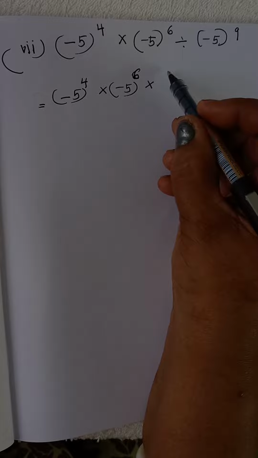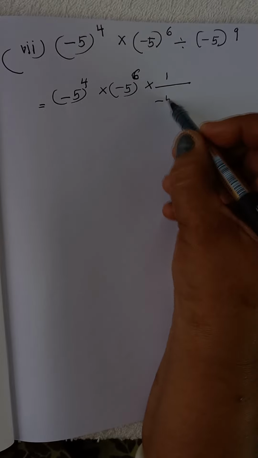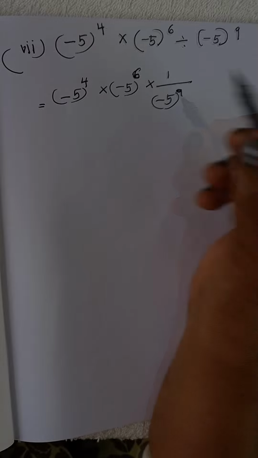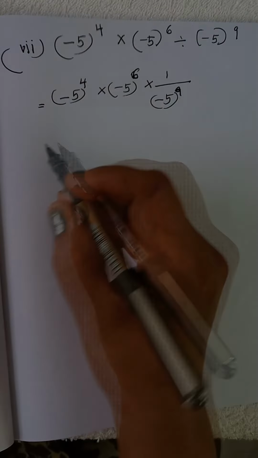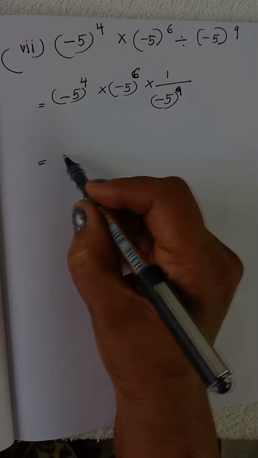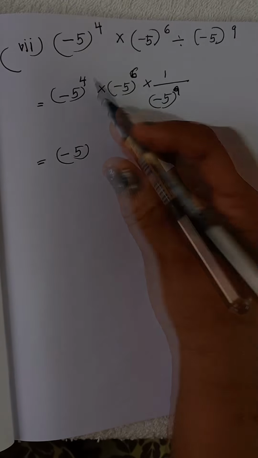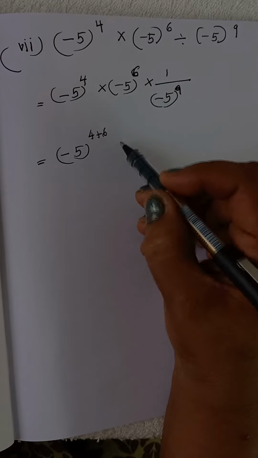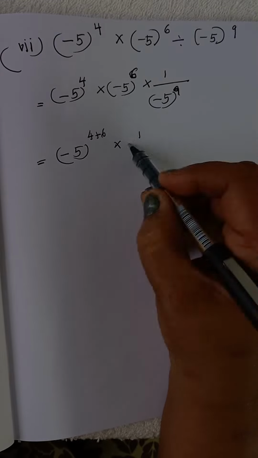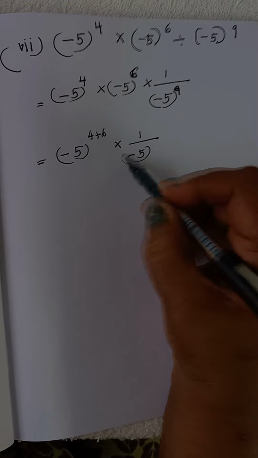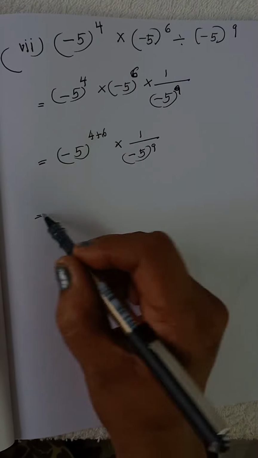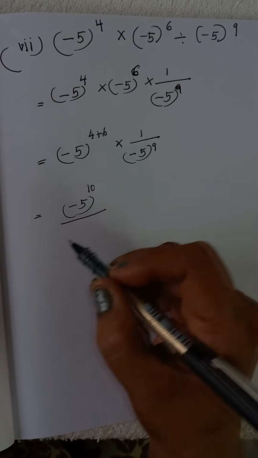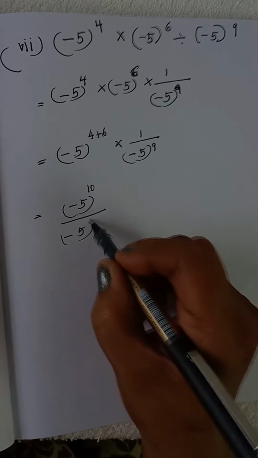So 1 by minus 5 raised to 9. That is equal to minus 5 raised to, a raised to m into a raised to n is a raised to m plus n. That is 4 plus 6 into 1 by minus 5 raised to 9. Now this is equal to minus 5 raised to 10 divided by minus 5 raised to 9.